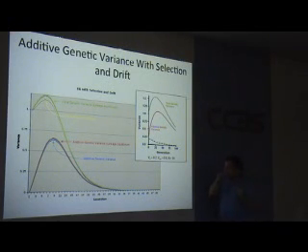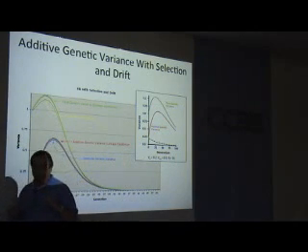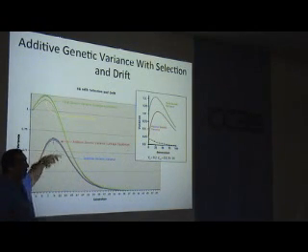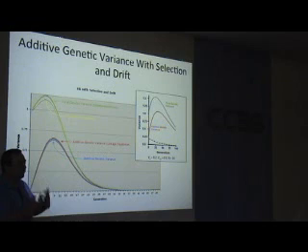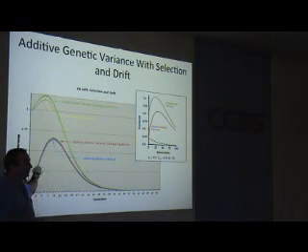In this case, this is a recombination of 0.5, free recombination. Those are going to be selected preferentially, and that does set up a linkage disequilibrium. What that means is that the additive genetic variance is actually lowered slightly because you get these good associations.